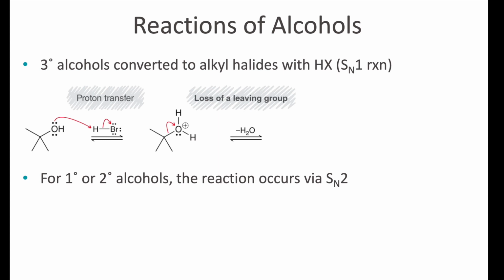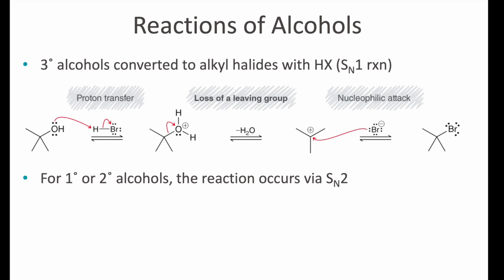Now that we have water as a good leaving group, it will leave, giving you your stable tertiary carbocation. And since you have that Br anion floating around, it can now do a nucleophilic attack on that carbocation, giving you your alkyl halide. Okay, so that's one reaction.